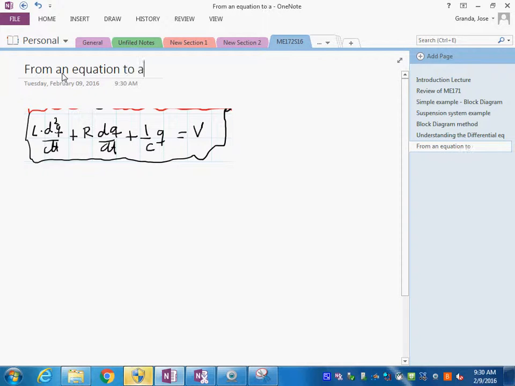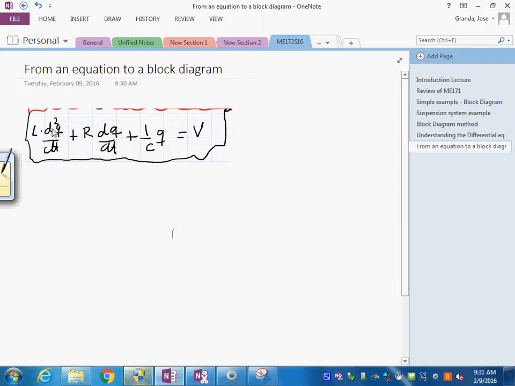So what I would do is let's move all the other terms to the other side.